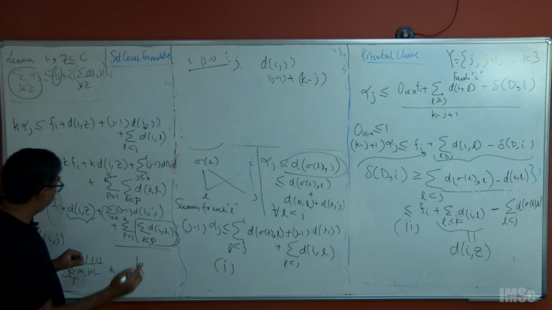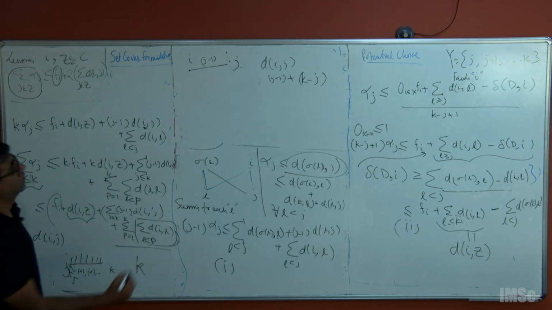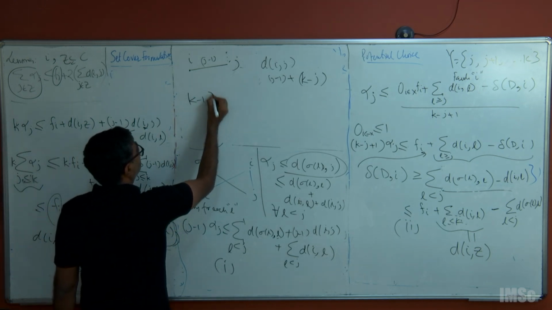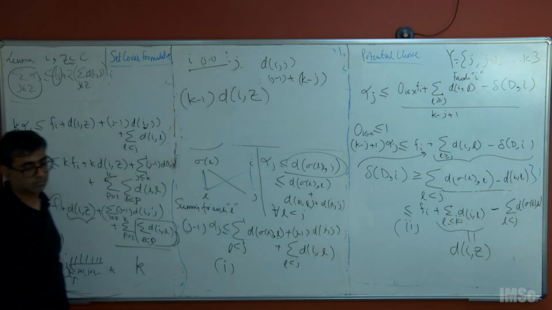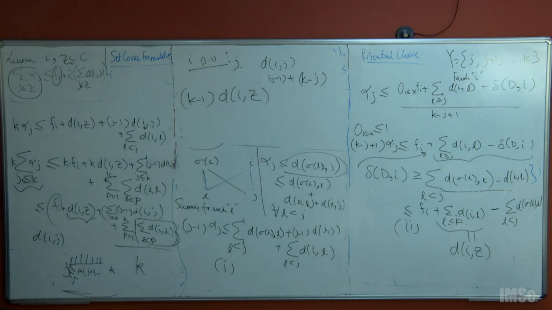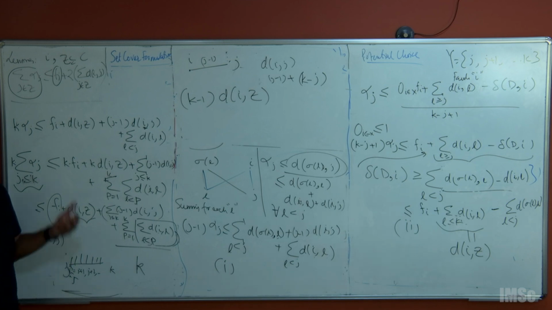Okay. So what is this quantity? This quantity is nothing but k minus 1 times diz. That is all that I am saying, because each distance for an element in z is counted k minus 1 times.